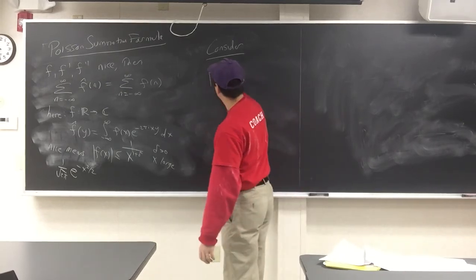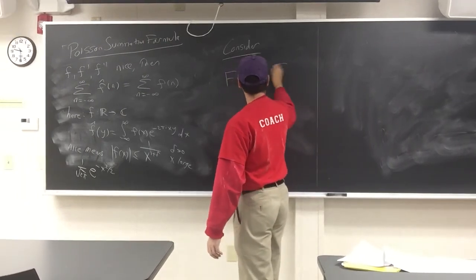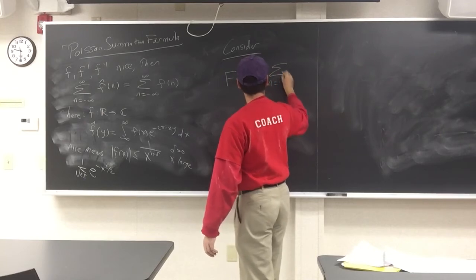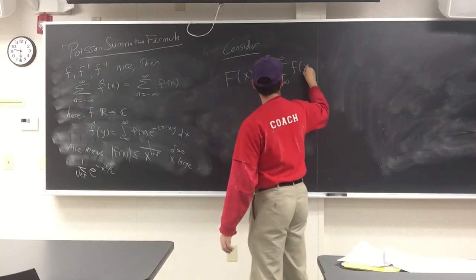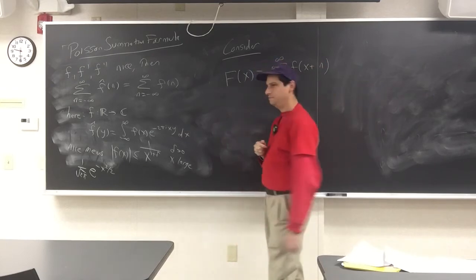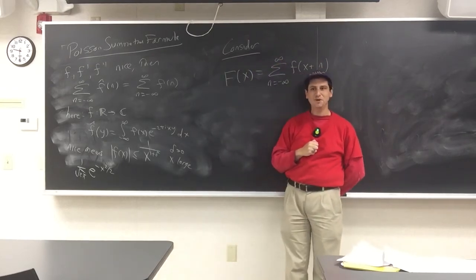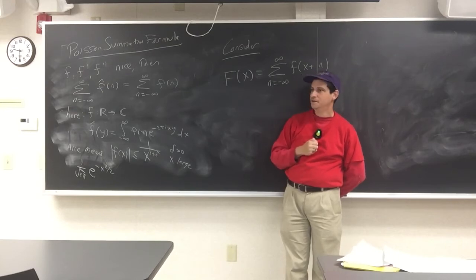We're going to define a new function. Capital F of x is the sum, m goes from minus infinity to infinity, of little f of x plus m. What's nice about this function? Every point on the real line in some way contributes to some point in any interval of length 1. Okay, you're close.